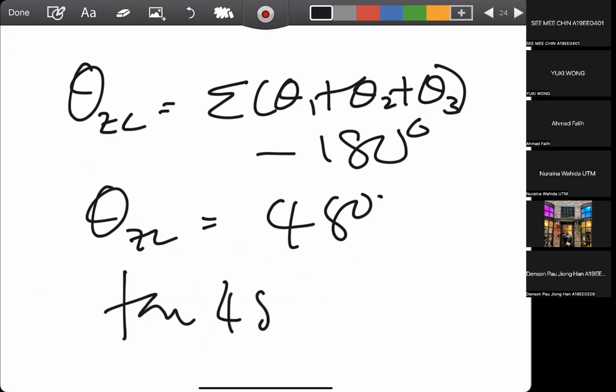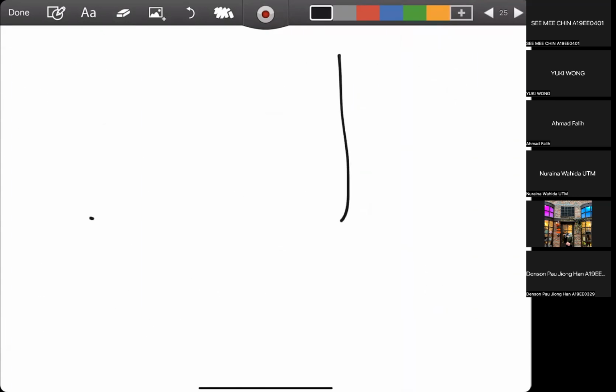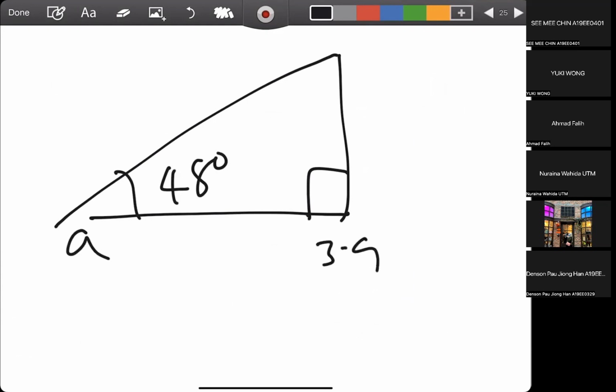So tangent of 48 degrees gives 7.73. Okay, by drawing, ZC is equal to 10.9.